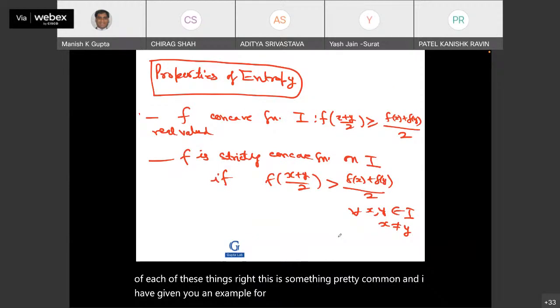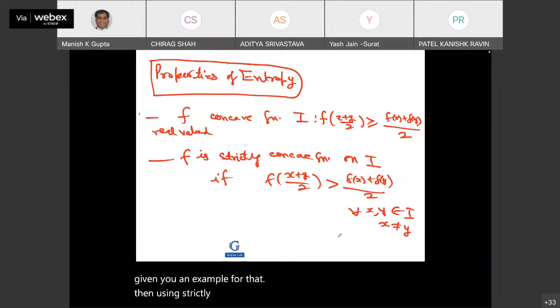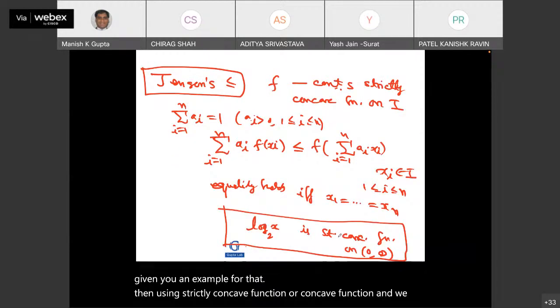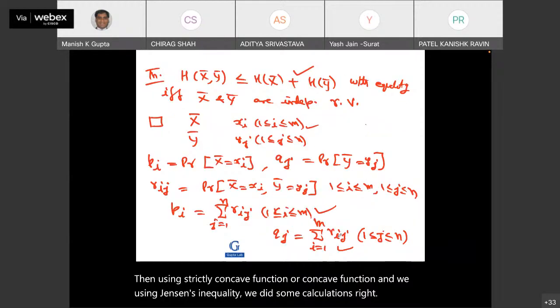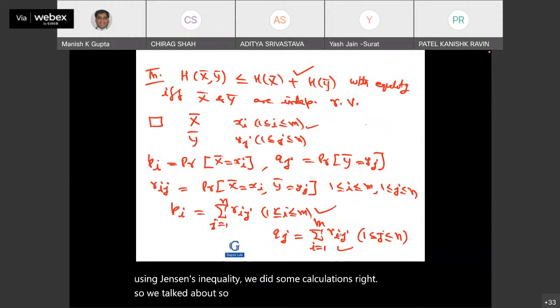Then using a strictly concave function, and using Jensen's inequality, we did some calculations, right? Last time we showed you this theorem: H(X, Y) is less than or equal to H(X) plus H(Y).